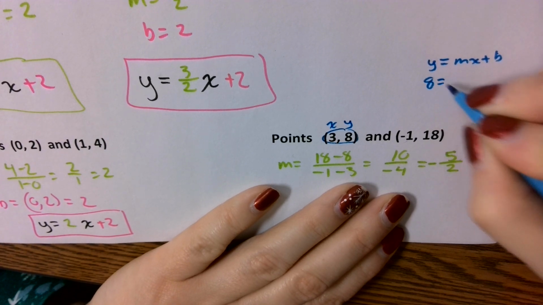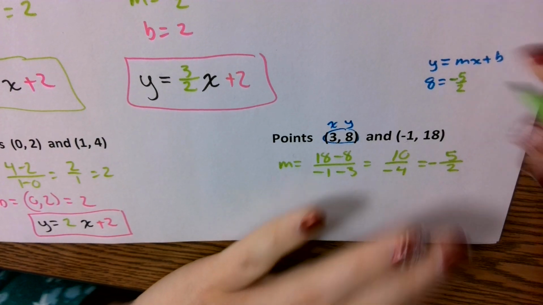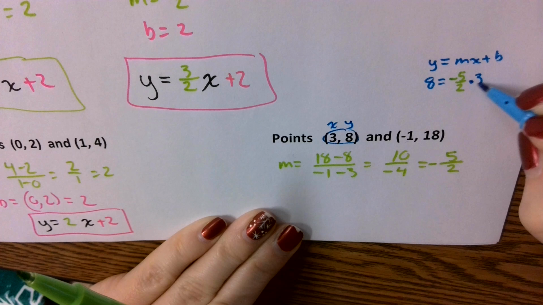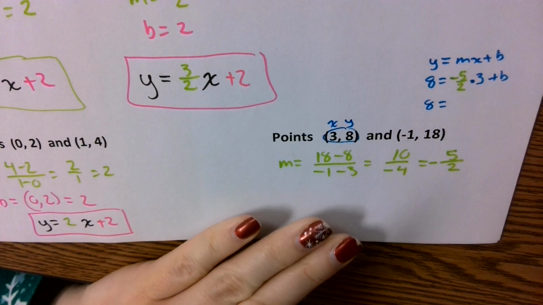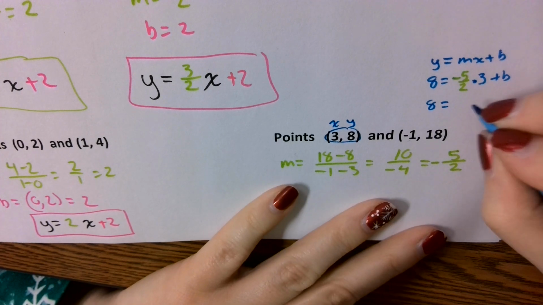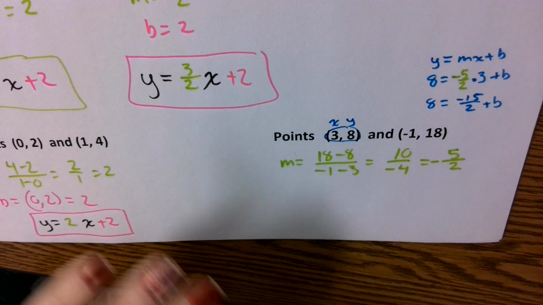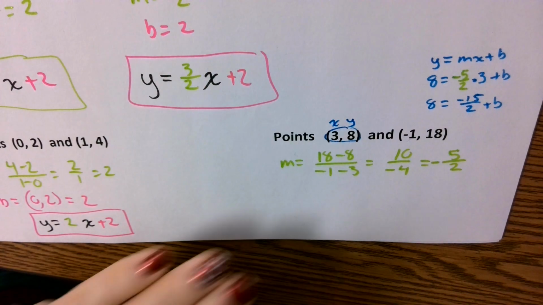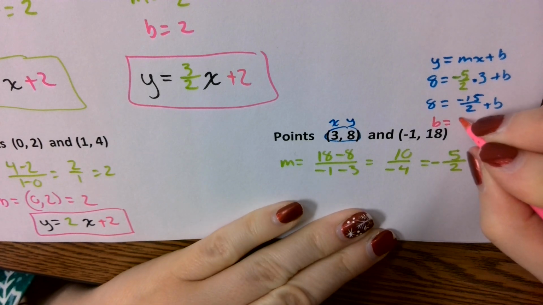y was an 8. My m was a -5 over 2, and my x is a +3. And then we have plus b. So I'm going to get 8 is equal to -15 over 2 plus b. When I solve, I'm going to find out that b is going to wind up being equal to 31 over 2.